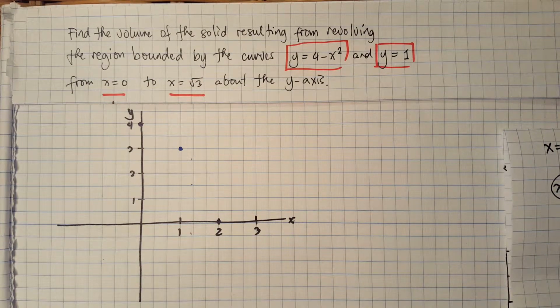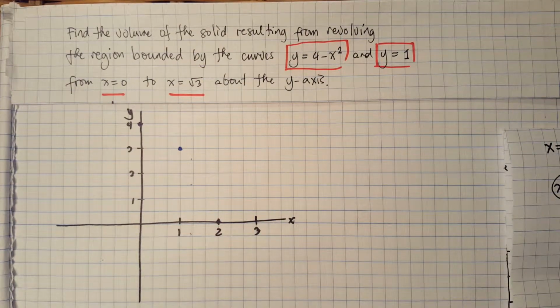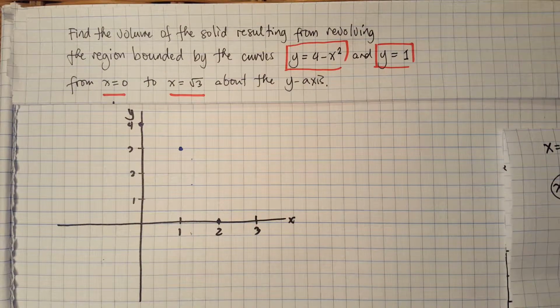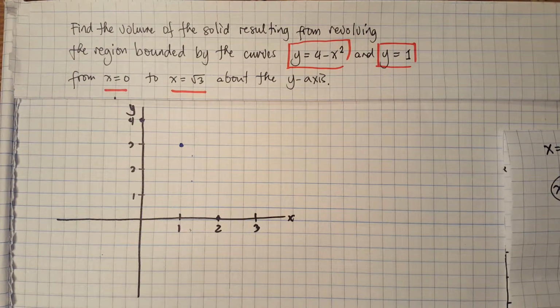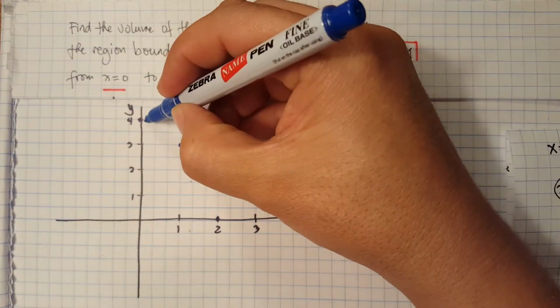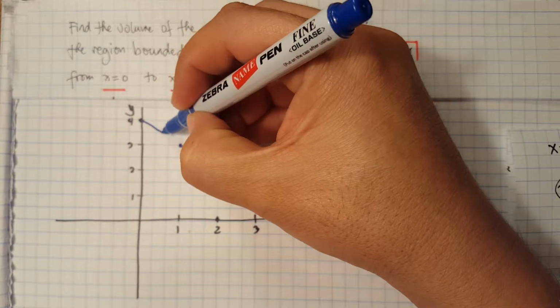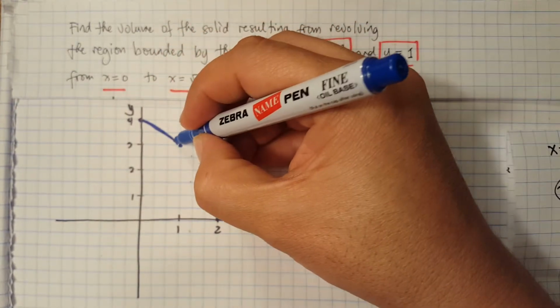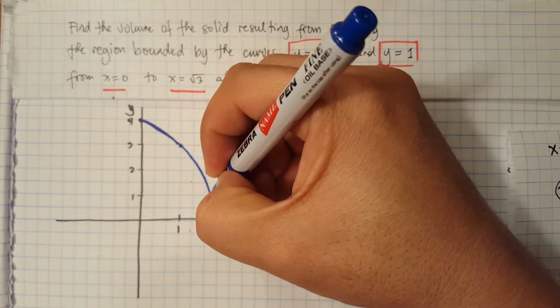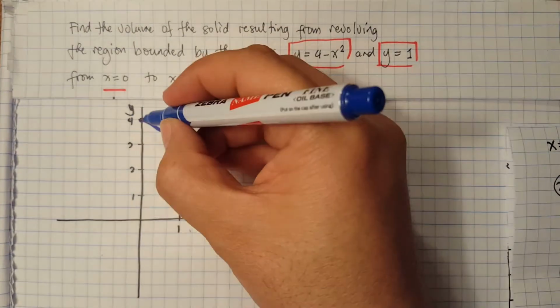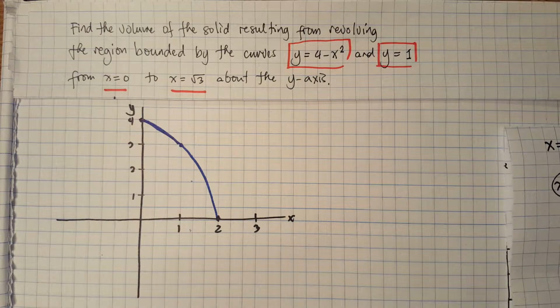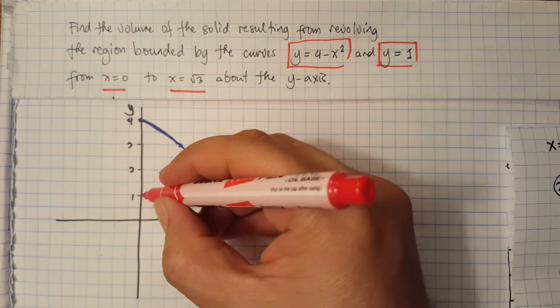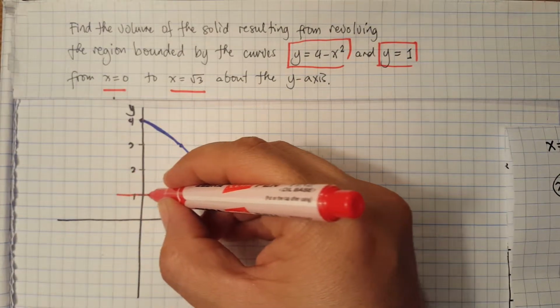Where's the square root of 3? It's somewhere here. If I graph this all the way here, following the shape of the parabola, it should end up somewhere here. And if I graph y equals 1, I should have this.